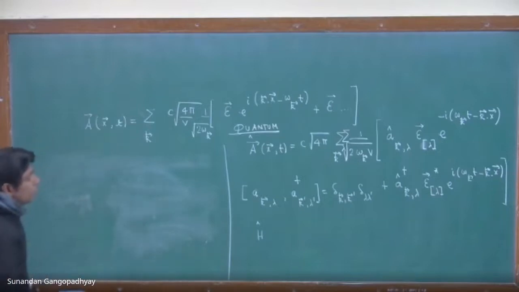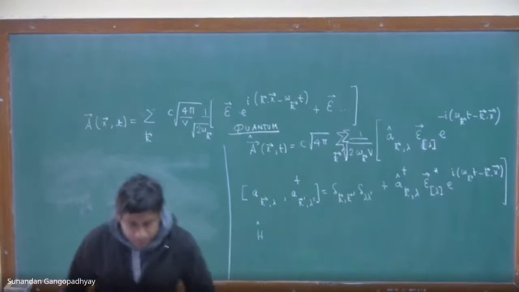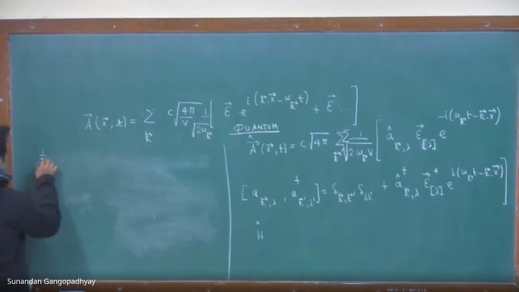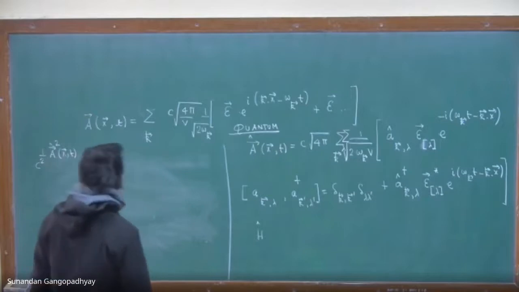Therefore, now we need to calculate what A dot square is, with a factor of 1 by c square in front. So 1 by c square A dot square of x, t will be, we have the mode expansion for that thing. So c square will get cancelled.